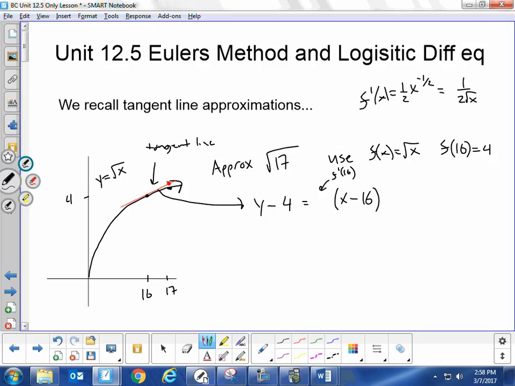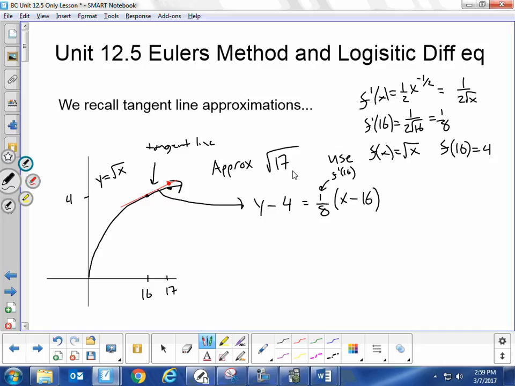We use the power rule, bring down the 1/2, subtract 1. We get that f prime is 1 over 2 root x. I can plug in 16. f prime of 16 is equal to 1 over 2 root 16. So that's 1/8. So that's the equation of that red line right there.